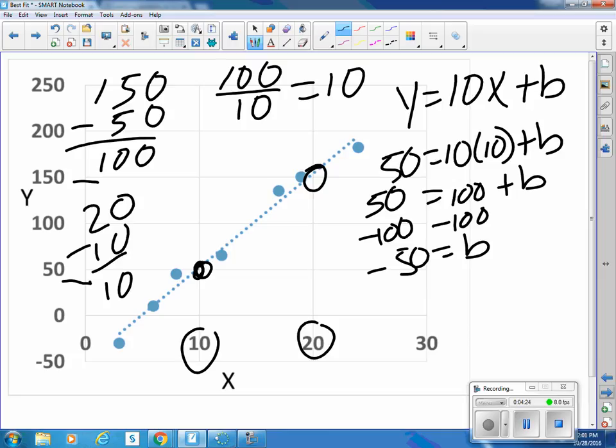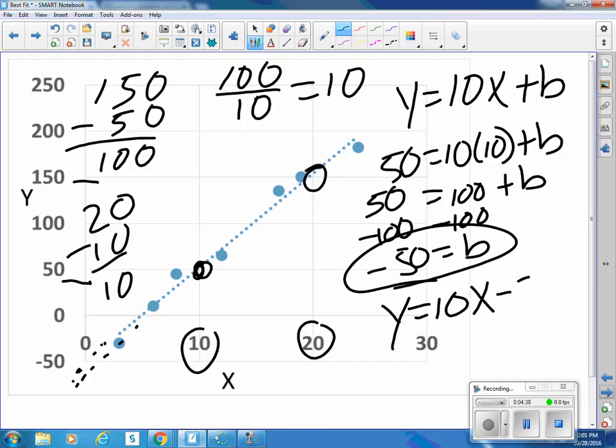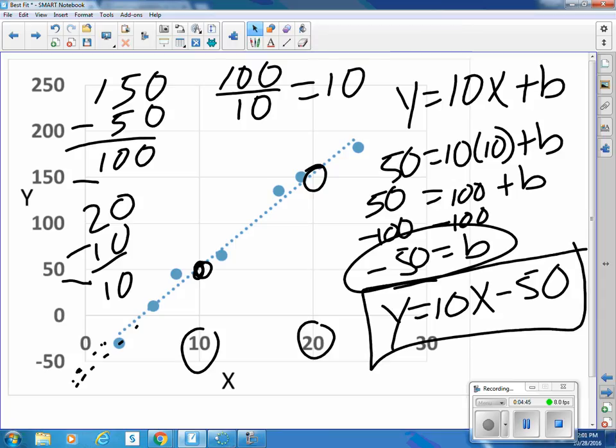And so, just looking at it, saying it's about negative 50, well, we plug it in and it turns out to be negative 50. And so our equation is y equals 10x minus 50. We think that line fits that data the best. It's not a perfect fit, but it's the best fit.